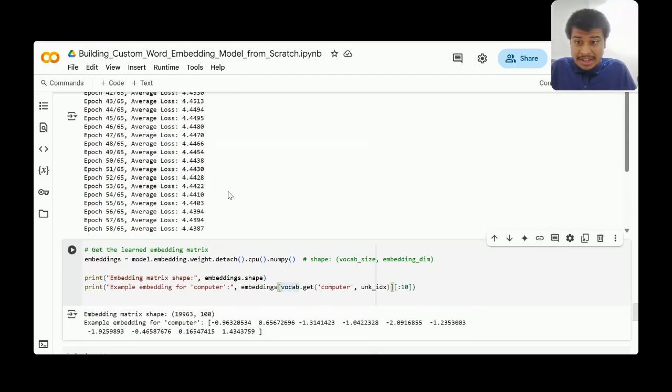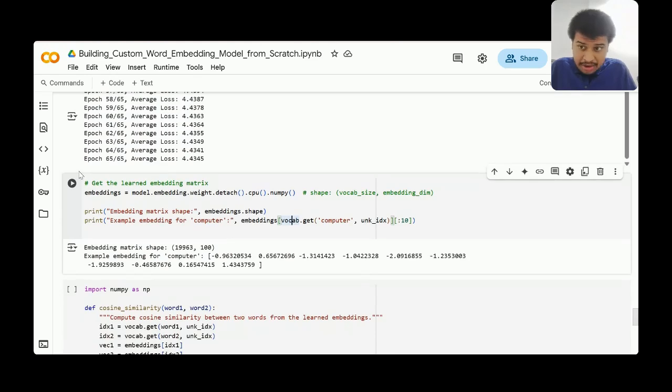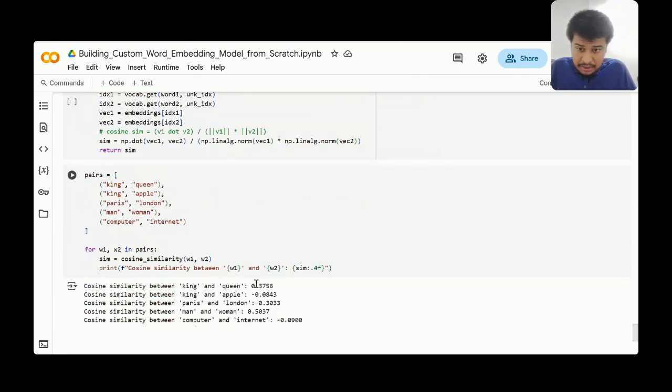The model is not really the best even now. But even now, you can see how similar king and queen are and king and apple are. King and queen is more similar than king and apple. It means that even when the training is not properly done, not to its optimum level, this representation is very good at identifying the difference between a non-similar word or a contextually different meaning word.